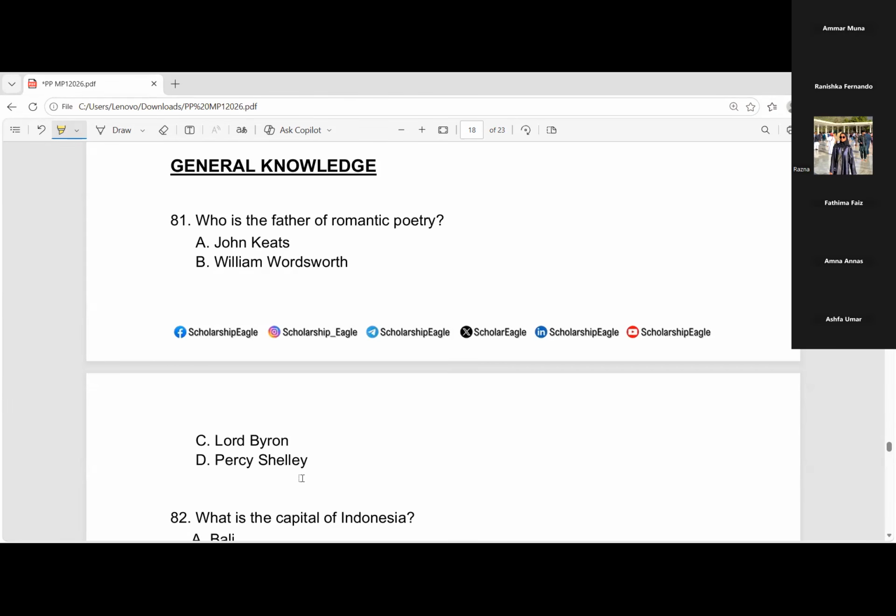There are four answers given: John Keats, William Wordsworth, Lord Byron, and Percy Shelley. Those four are famous romantic poets, but they are asking who is the father of romantic poetry, and William Wordsworth is the father of romantic poetry.